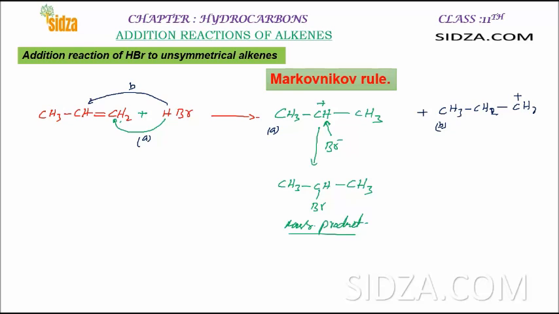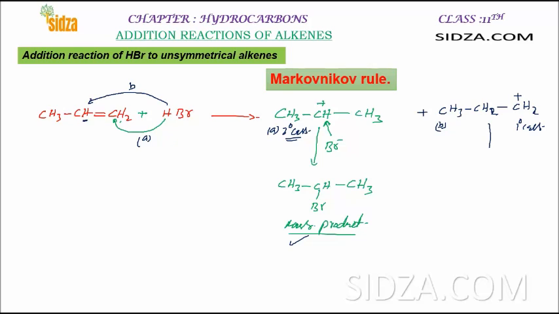But if it attacks the central carbon, the carbon that has fewer hydrogen atoms, then this will be the 1 degree carbocation, and over here we got a 2 degree carbocation. Among the two carbocations, 1 degree is less stable and 2 degree is more stable. That's why the major product is always this one.